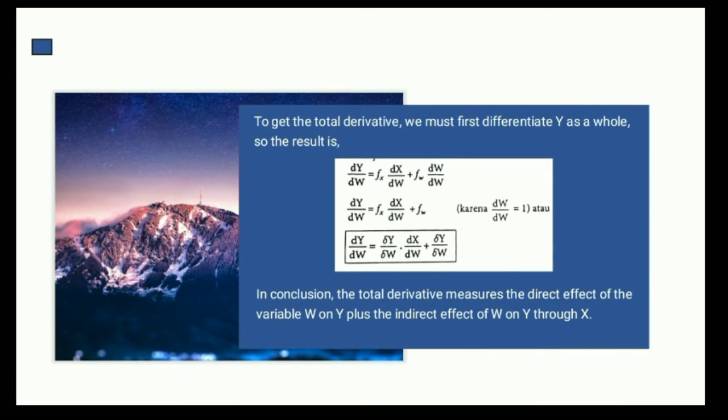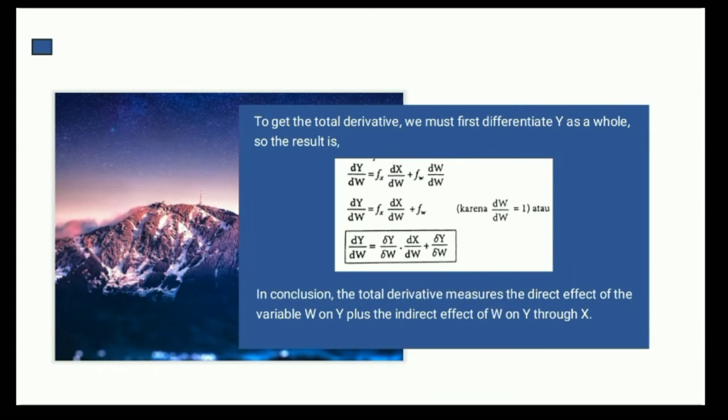To get the total derivative, we must first differentiate y as a whole, so the result is dy/dw = fx dx/dw + fw dw/dw. Then dy/dw is fx dx/dw + fw, because dw/dw is 1.